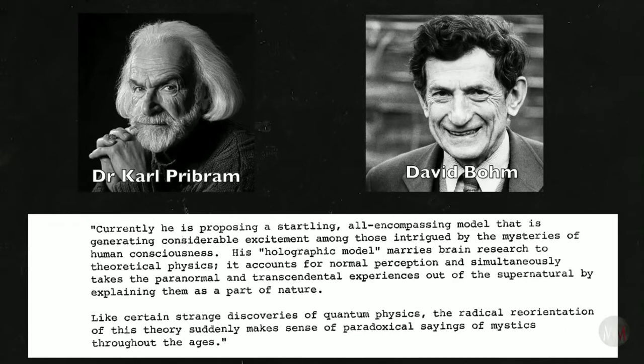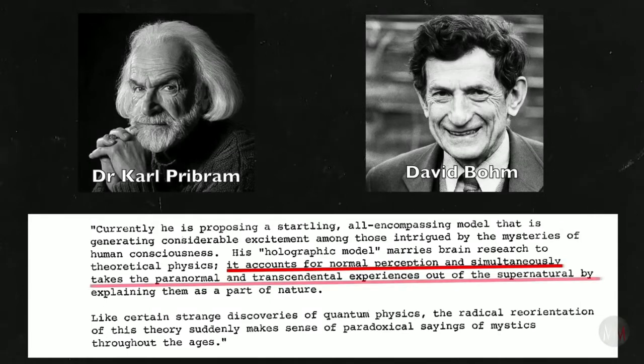His holographic model marries brain research to theoretical physics. It accounts for normal perception and simultaneously takes the paranormal and transcendental experiences out of the supernatural by explaining them as a part of nature. Like certain strange discoveries of quantum physics, the radical reorientation of this theory suddenly makes sense of paradoxical sayings of mystics throughout the ages.